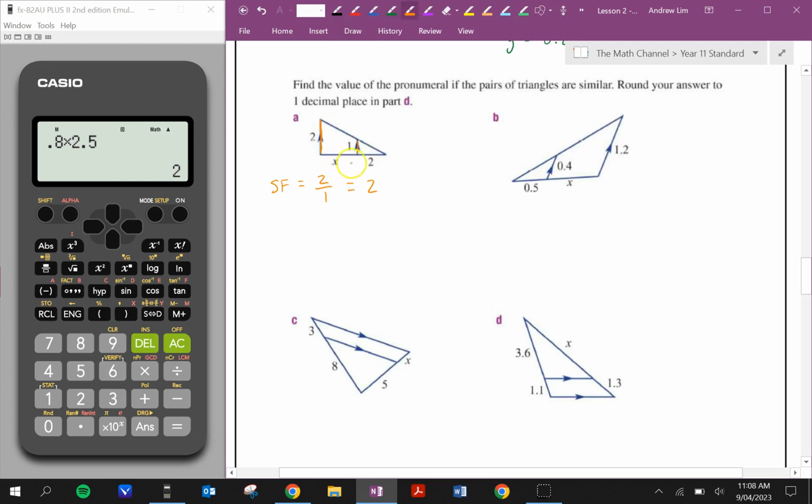We can see here that x plus 2, this divided by this, because they correspond, the larger corresponding side over the smaller corresponding side will equal 2. So now it's just algebra. I'm going to multiply both sides by 2. And then I'm going to subtract 2 from both sides. And that's the value of x.